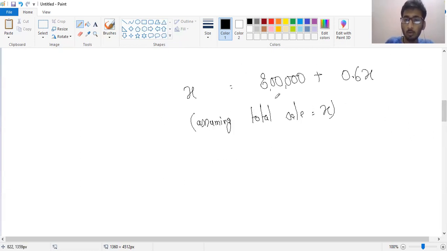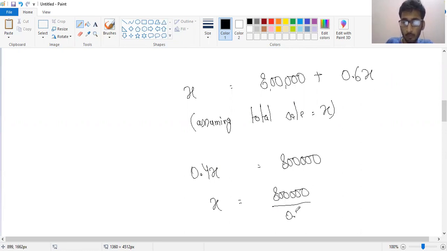Okay, now solve this equation. So I can say 0.4x equal to 8 lakh. So X is 8 lakh divided by 0.4. So it would be 20 lakh.